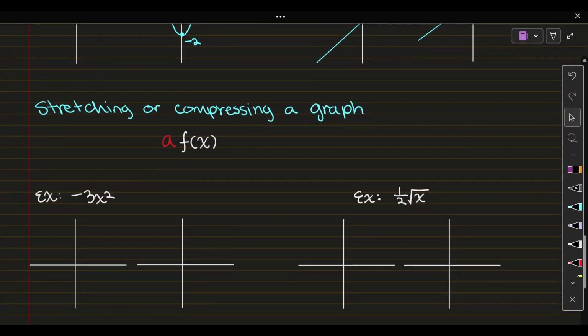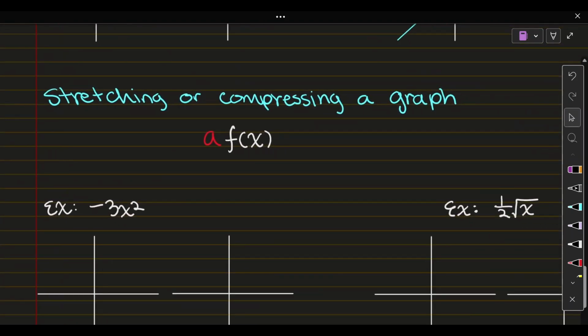So stretching or compressing a graph, we have a times f of x. That's multiplying the entire function by a number. So if a is positive and less than 1, we are compressing. If a is positive and greater than 1, we are stretching in the vertical direction.